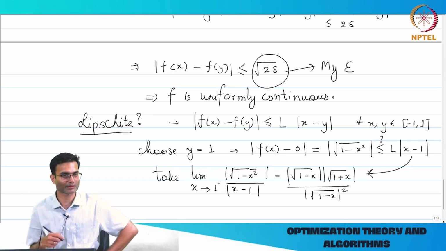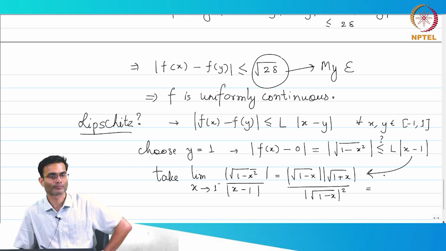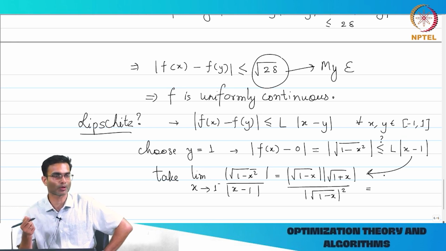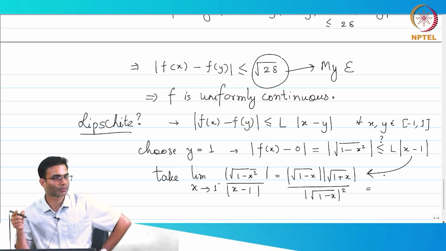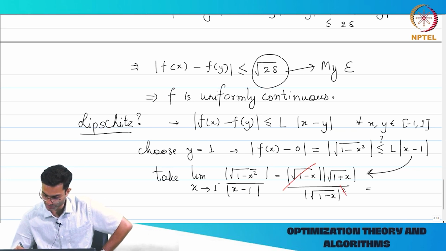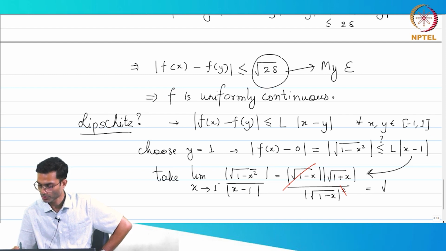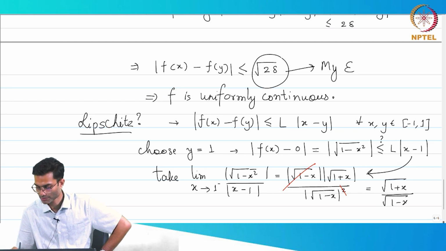It's the same thing. It's mod x minus 1, which is the same as mod 1 minus x, and 1 minus x is the square of the square root. So, can I cancel something? I can cancel one square root. So, what am I left with? Numerator root of 1 plus x, denominator root of 1 minus x.